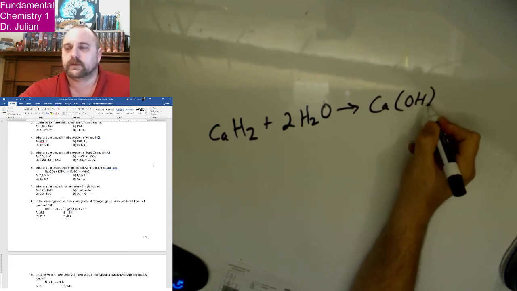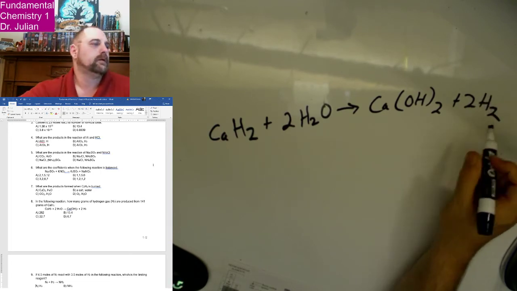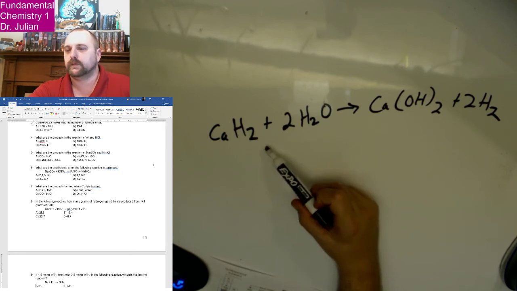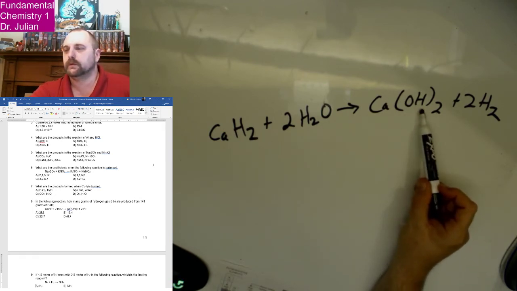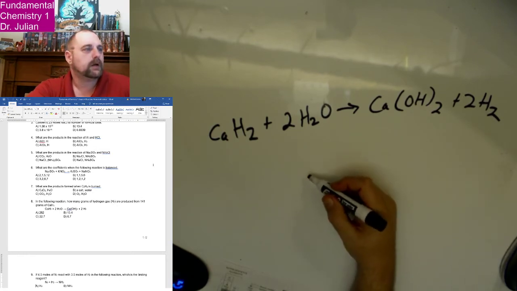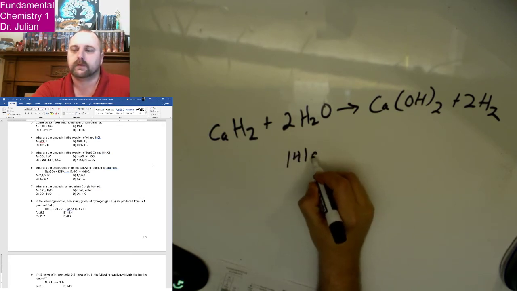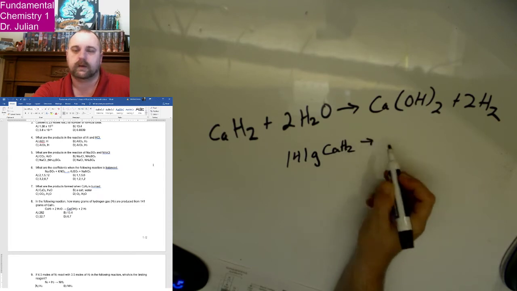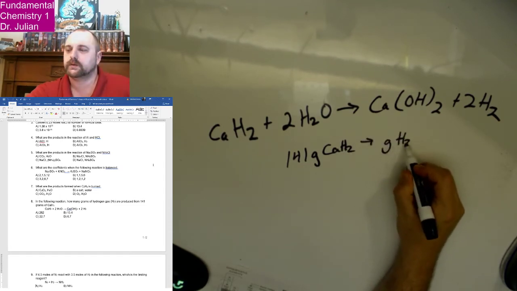So let's check that in just a sec. All right. 1 calcium. I've got 6 hydrogens on this side and 2 oxygens. 2 oxygens. Here's 2 hydrogens. Another 2. That's 6. All right. So it wants 141 grams CaH2, and it wants us to go to grams of H2.